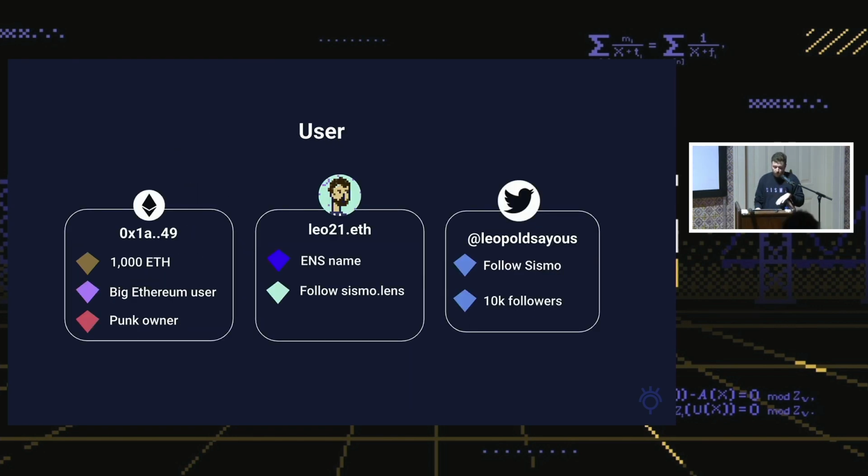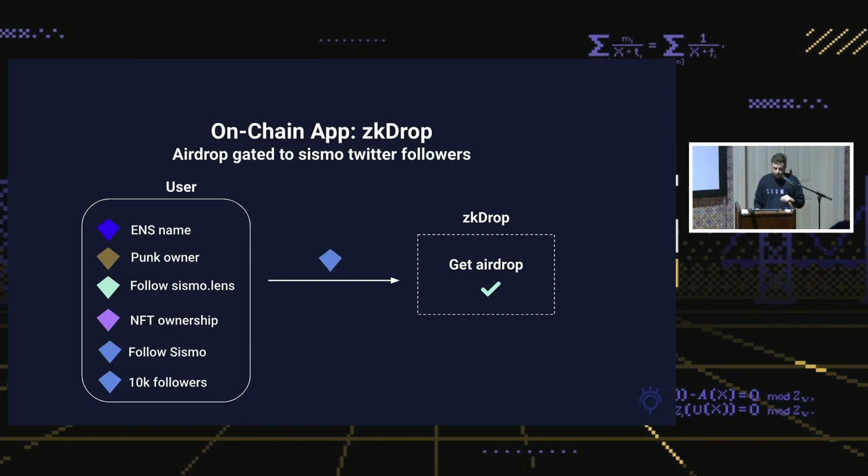And what you want to do with all of that is just reveal some specific data to applications. For instance, a ZK drop application could be, okay, I want to airdrop some NFT only to Sismo Twitter followers.